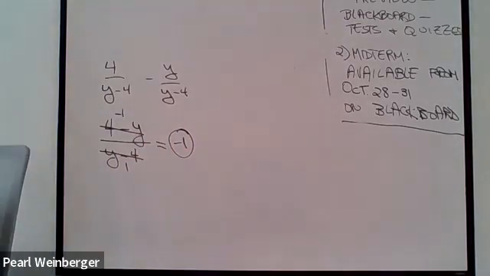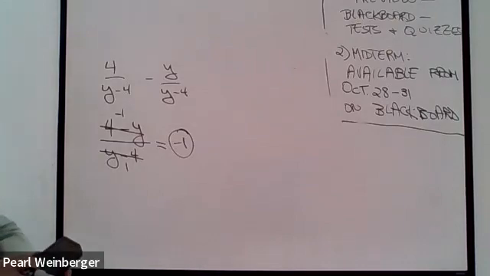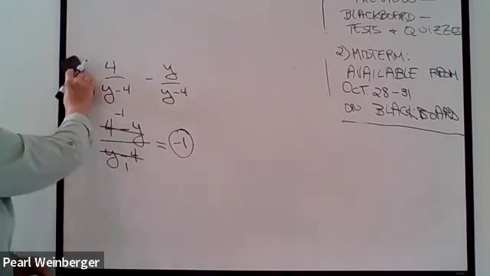So let's see what happens if we do not have like denominators. What if we don't have a common denominator? We can only add and subtract fractions if they have the same common denominator. So what do we do if we're given a problem like this?